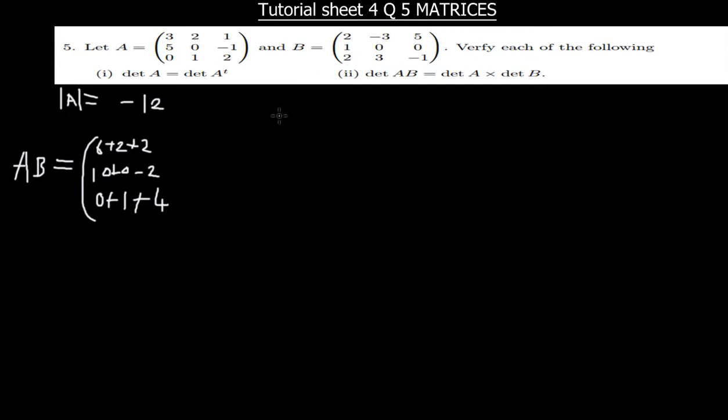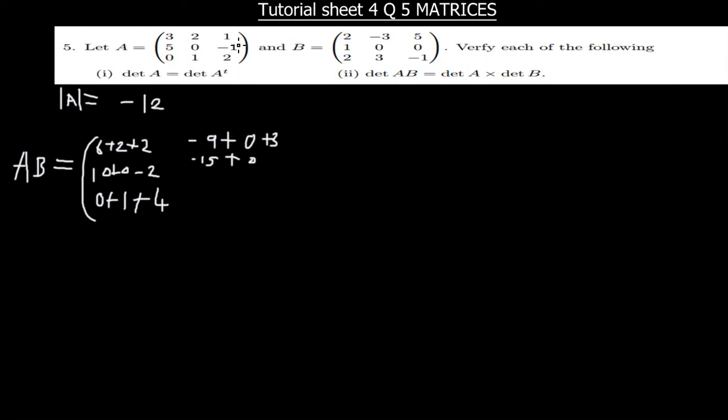3 times negative 3, you get your negative 9 there. 2 times 0, you get your 0. And then 1 times 3, you get your 3. So 5 times negative 3, you get your negative 15. Then 0 times 0, you get your 0.